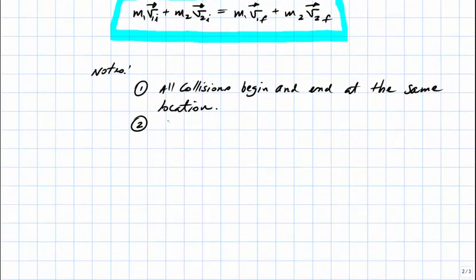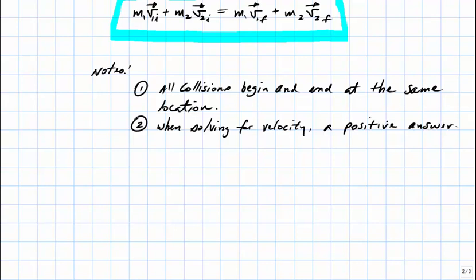Secondly, when solving for velocity, a positive answer means that the choice for direction was correct.